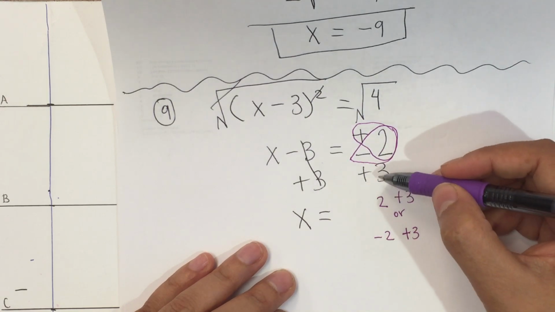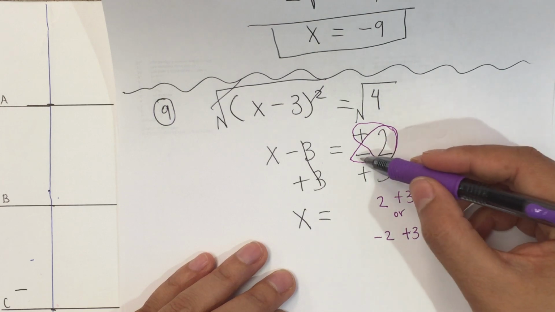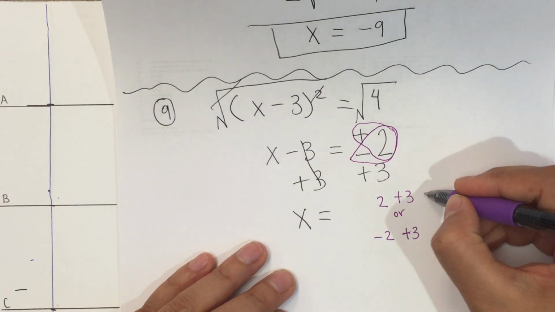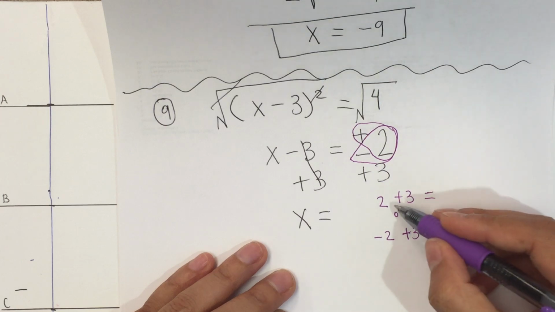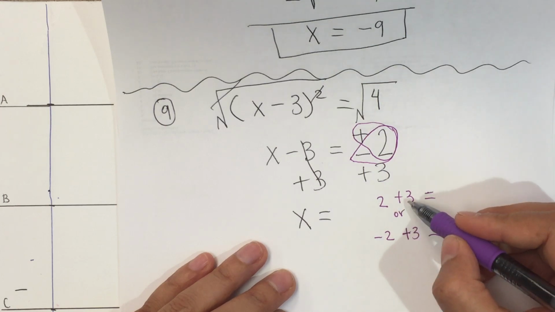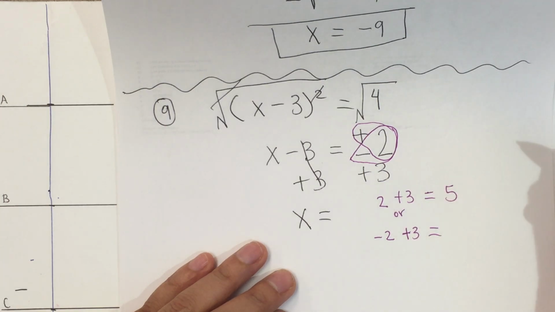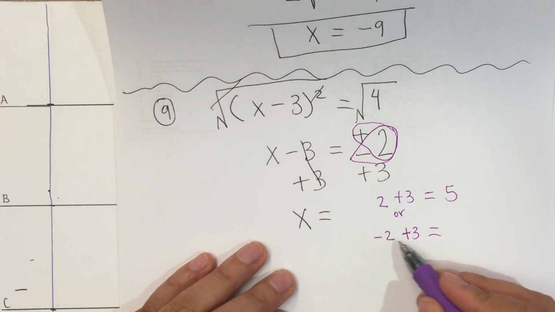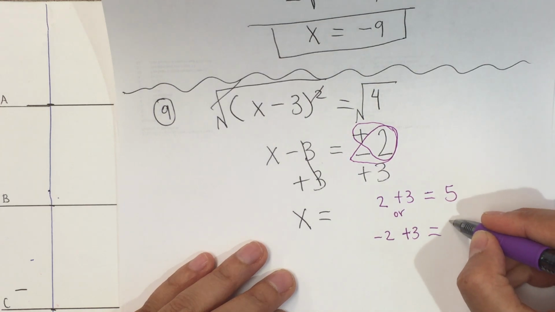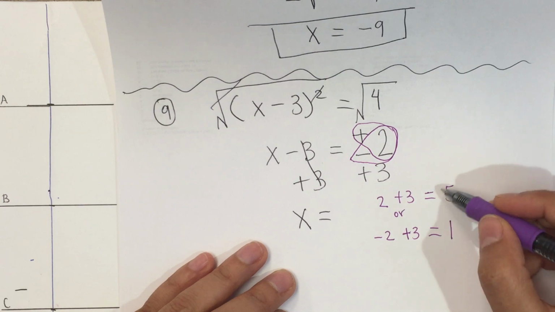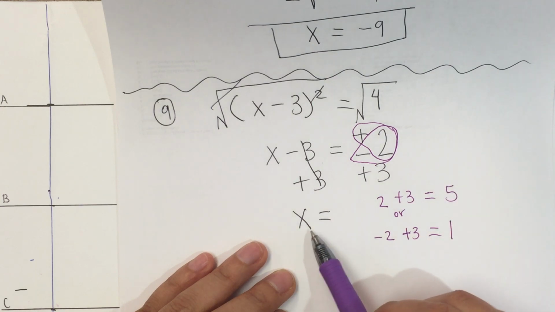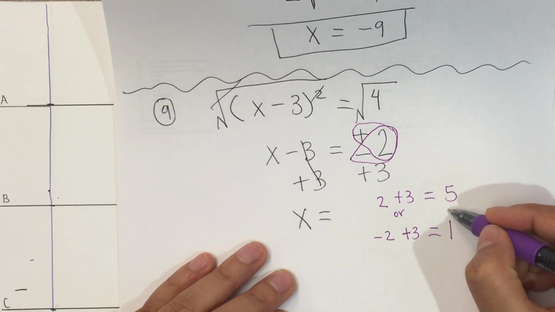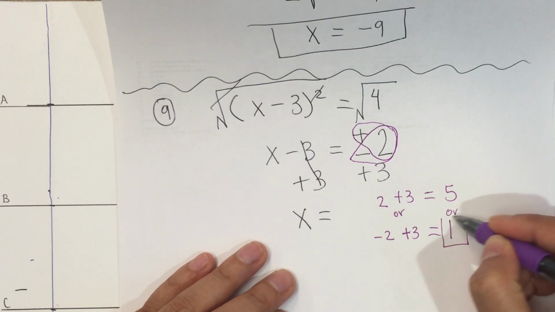Remember that we're adding the 3 to either the positive or the negative 2. And so the answers for x are going to be 2 plus 3, 5, and negative 2 plus 3, 1. So these will be the two answers for x. So x can be equal to 5 or 1.